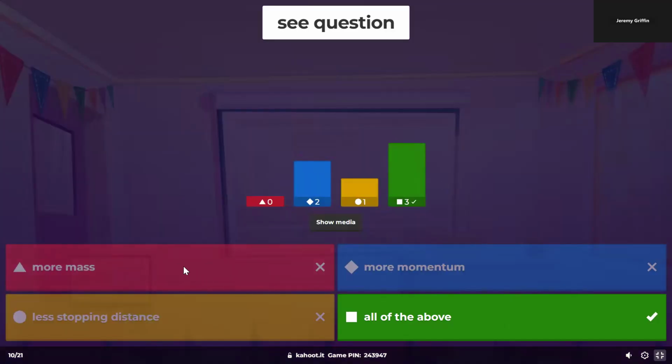Yeah, all the above. If it's 3 times the mass, I bet that would require 3 times the force to stop. If it has more momentum, same thing. That could come from the mass or the velocity. Also, if you have to stop that car in a hurry, like a short stopping distance, you would need a greater frictional force. So all those could be true.